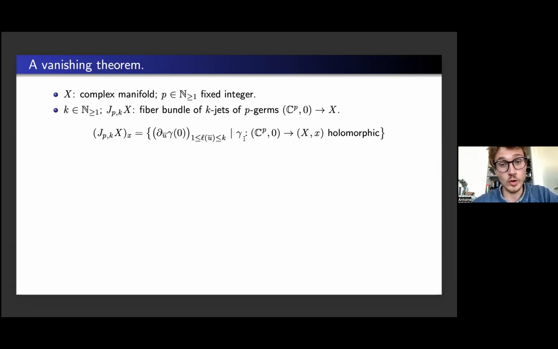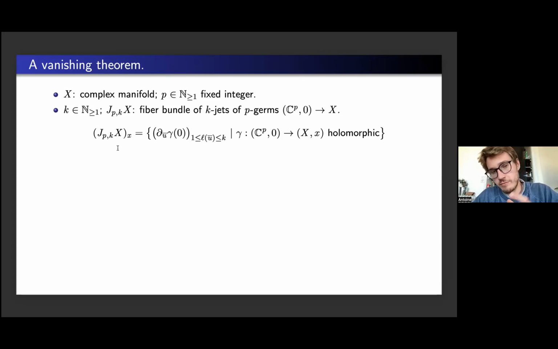You take all the holomorphic p-germs that send 0 to X. Of course here you pick a trivializing chart for X, so that you can differentiate your holomorphic p-germ up to the order k. So you consider all the partial derivatives up to the order k. This is the typical fiber of this fiber bundle of k-jets of p-germs.